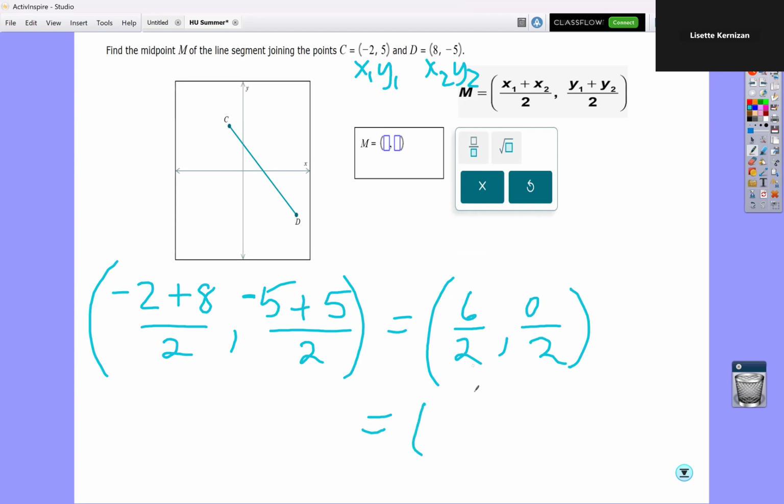So our midpoint is going to be 6 divided by 2, which is 3, and 0 divided by 2, which is 0. So the midpoint will be at 3, 0, roughly about there, which makes sense, right? Halfway between 2 points.